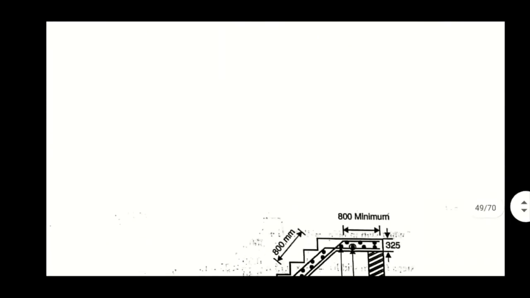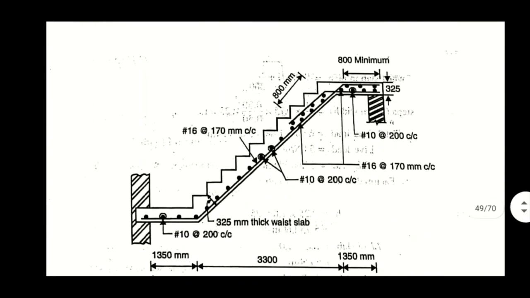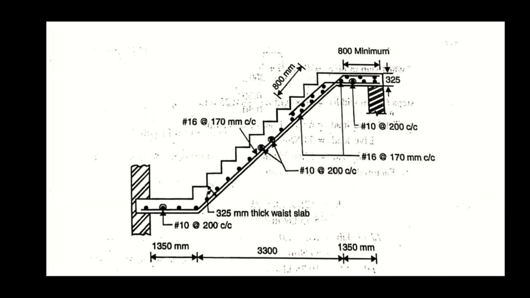So this is the figure as per design data. So as per design data, this is the figure of one flight, and another flight will also be the same. So this is the cross-sectional view of the flight. Okay, you can check here the total length.